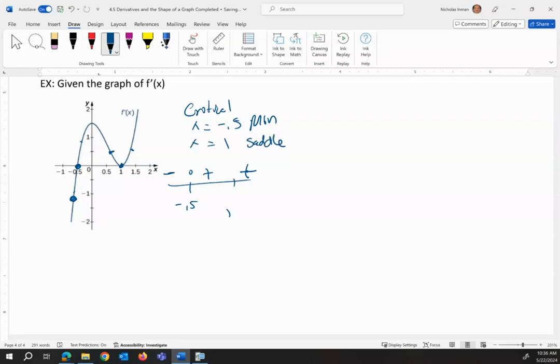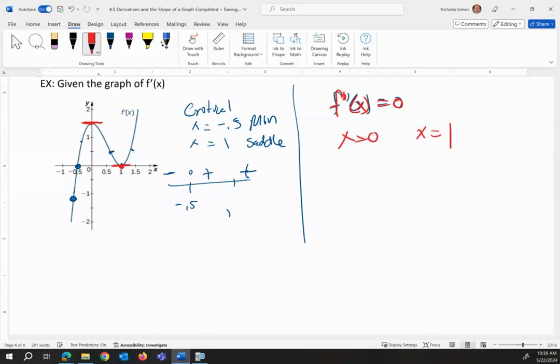All right, our second derivative, when does that equal 0? Well, that's when our second derivative here, the derivative of our derivative, is equal to 0. So we would care about these two spots, when x equals 0 and x equals 1.